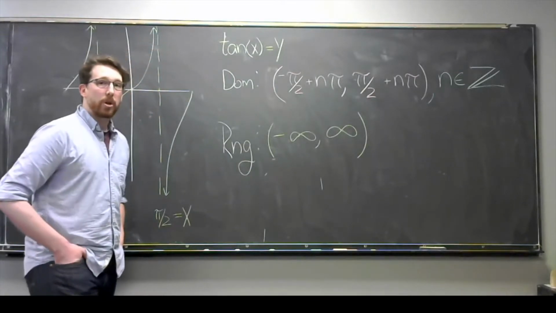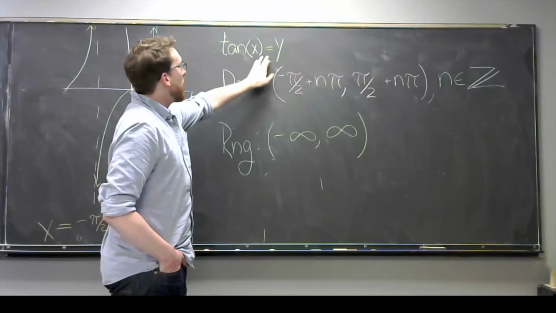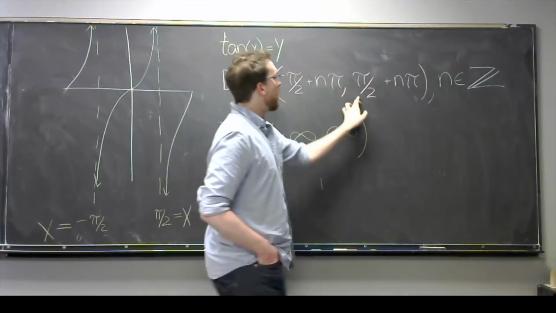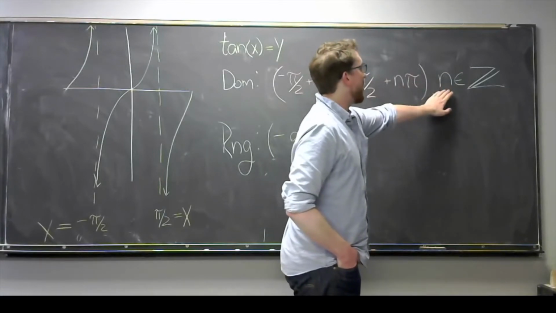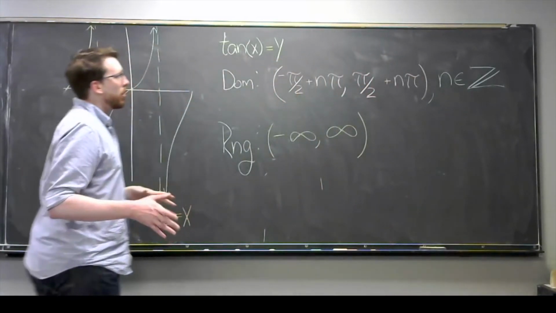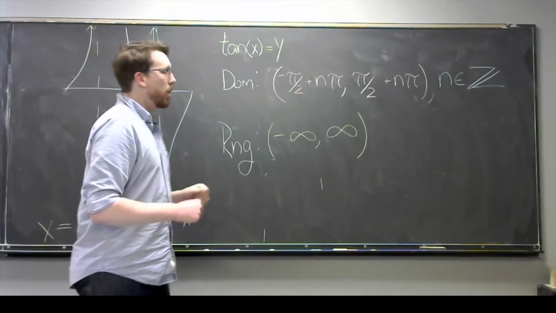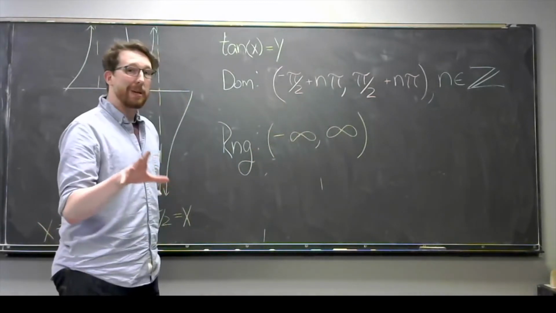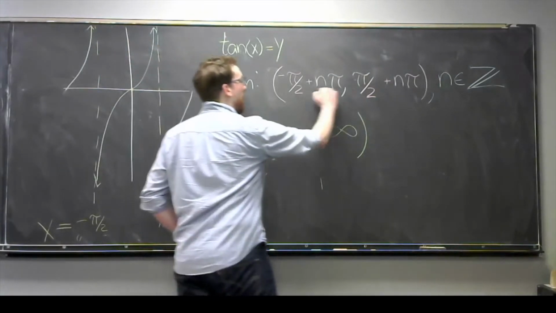And to account for it, we say that the domain of tangent of x equal to y is negative pi over 2 plus n pi to pi over 2 plus n pi, not including either of those values, where n is an integer. So what does this mean? Well, this means you can take any integer, negative 1, negative 2, negative 3, 4, 5, 12, 2,000, whatever you want. Just has to be an integer number. You can take that and put it in for either n.